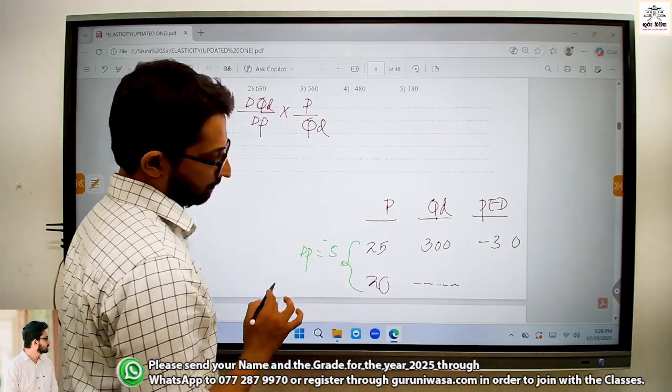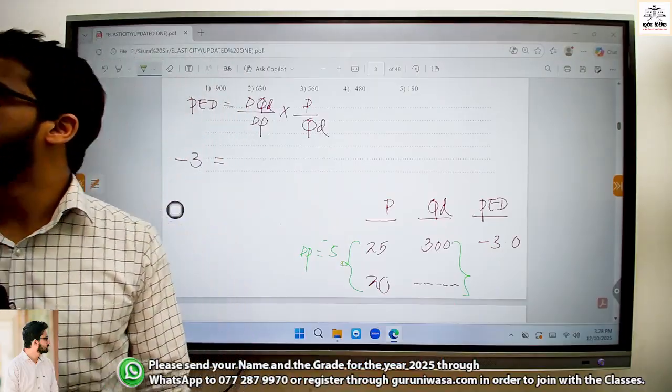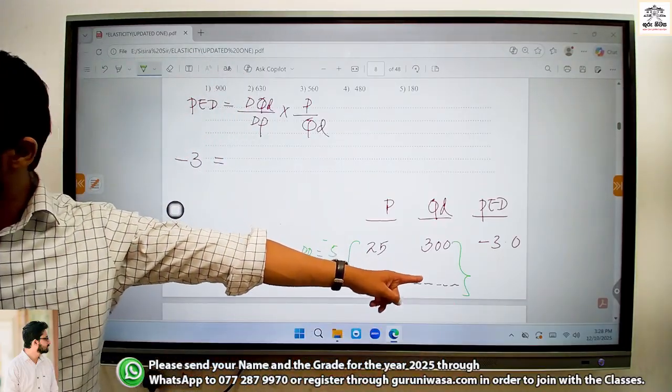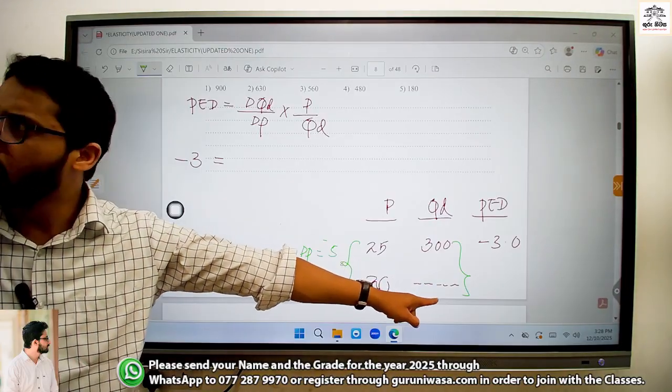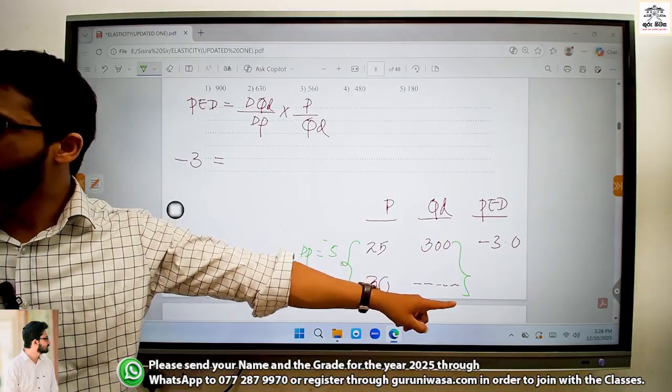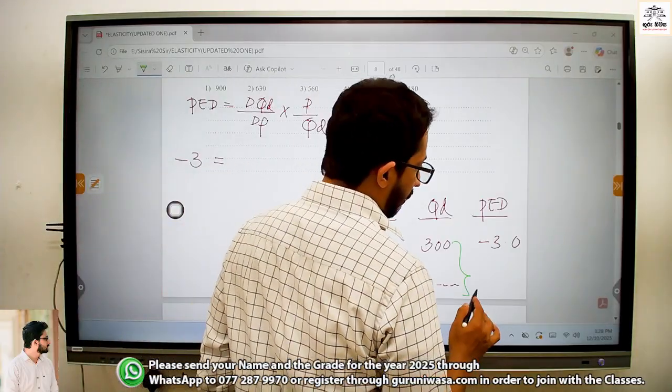-5. Can you calculate delta QD, Lamai? Dipna, can you calculate delta QD? No, sir. Why? We don't know the new value. So delta QD is unknown now. Delta QD we don't know.